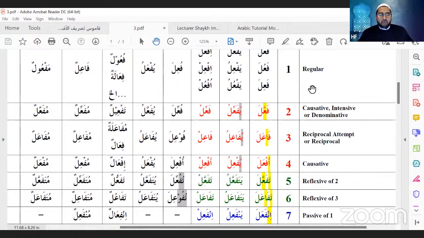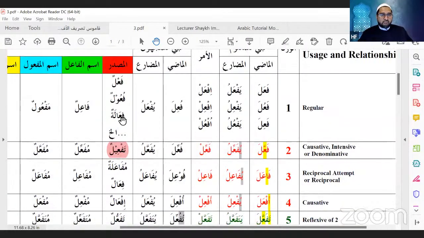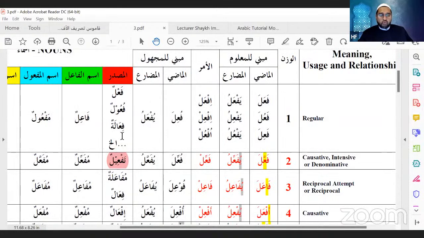Correct. So therefore it counts as 2 letters. Correct. Now, fa'ala yufa'ilu. Now, the masdar is the root word. Every verb following this pattern fa'ala yufa'ilu, the root word or the masdar, is taf'il. If you see over here, they've called it the masdar, the root word.